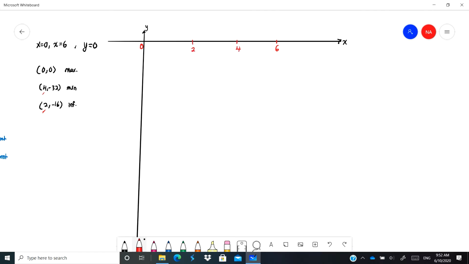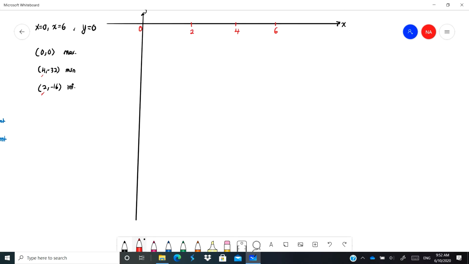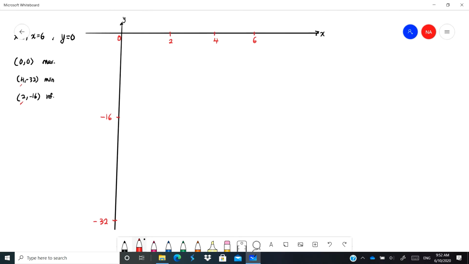That would be nice. Then we'll have to pass through negative 16 and also negative 32. So I'm going to write the negative 32 down here, and half of it should be somewhere around here, negative 16.